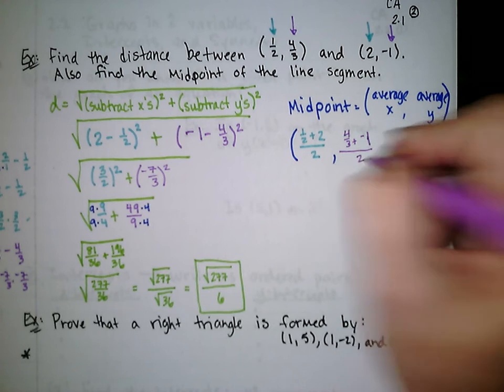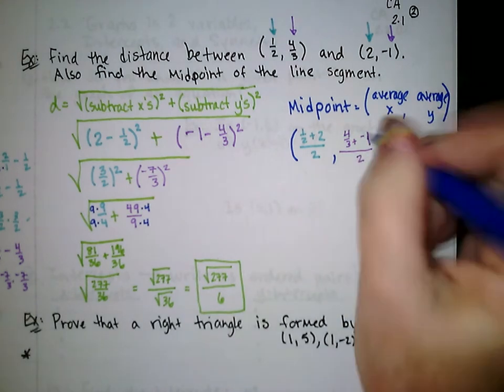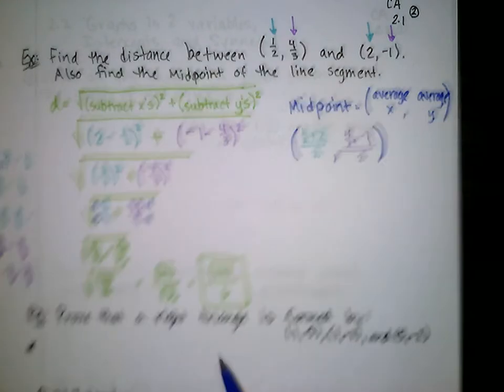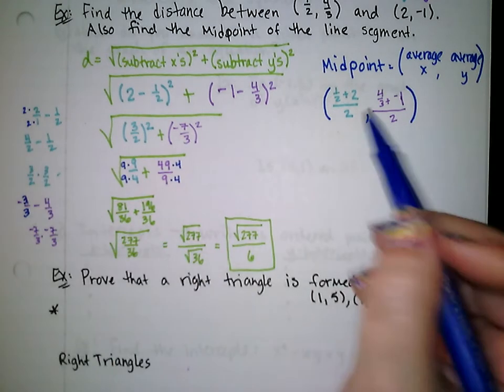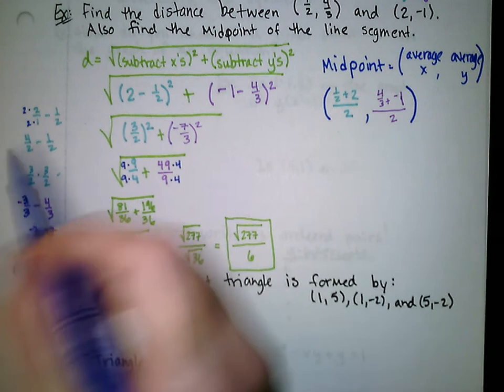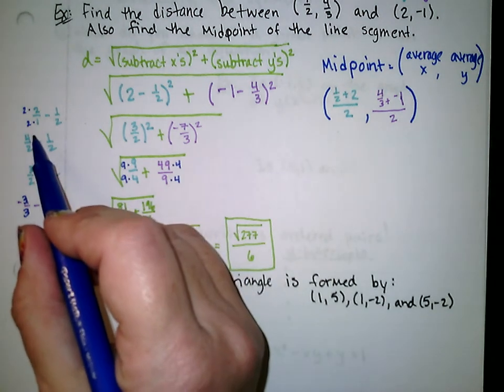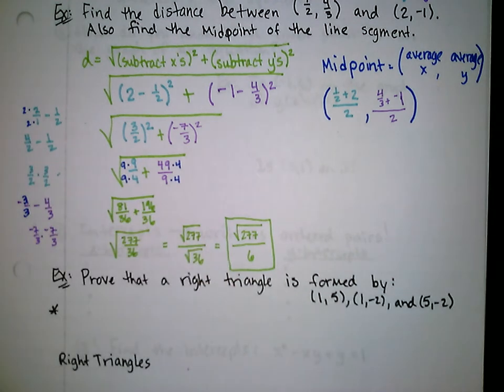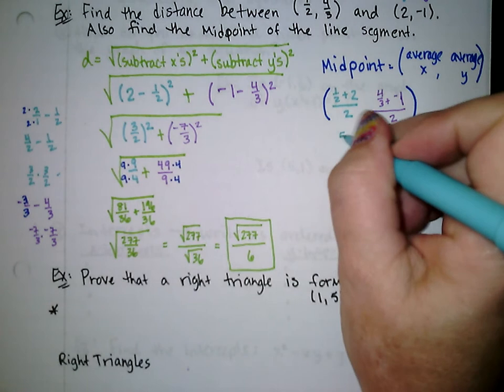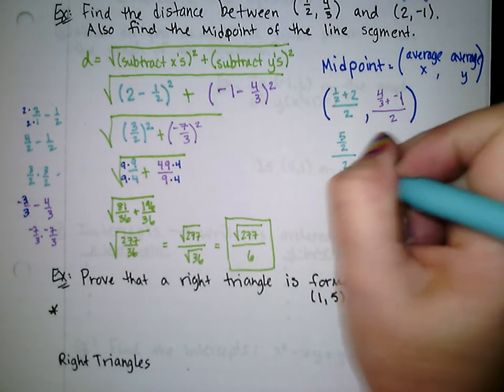Okay. Now we already have our common denominators over here to the side. We're just going to have different signs. So 1/2 plus 2 would be 1/2 plus 4 over 2. So that is going to make 5 over 2. So we have 5 over 2 over 2.